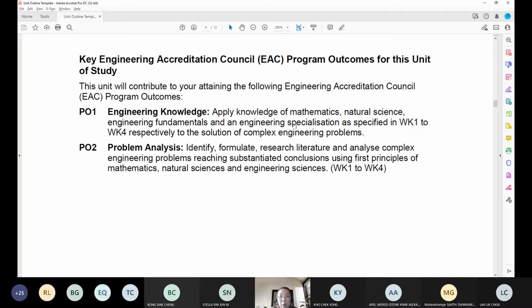BEM has their own set of program outcomes which they want you to develop. This unit will contribute to 2 of the program outcomes. There are a total of 12. Throughout your 4 years of studies, you will have developed 1 or 2 in each unit. This unit will contribute to engineering knowledge, as well as problem analysis.